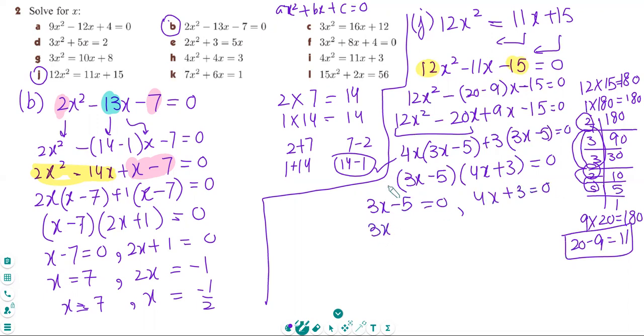So taking this negative 5 to the other side becomes positive 5, and x will be equal to 5 divided by 3. Similarly, here 4x will be equal to negative 3, and x is equal to negative 3 over 4. So these are the required roots of the quadratic equation given. All of the parts are very similar to these two questions, so you can do them on your own.